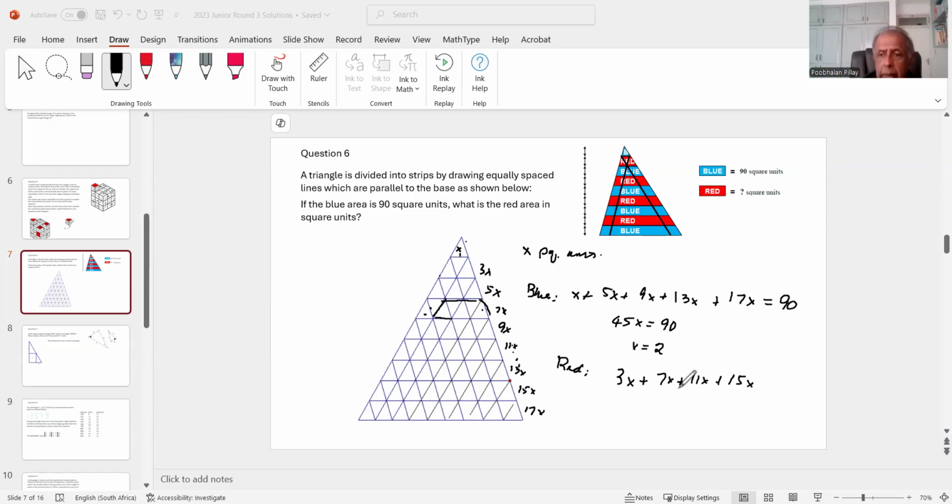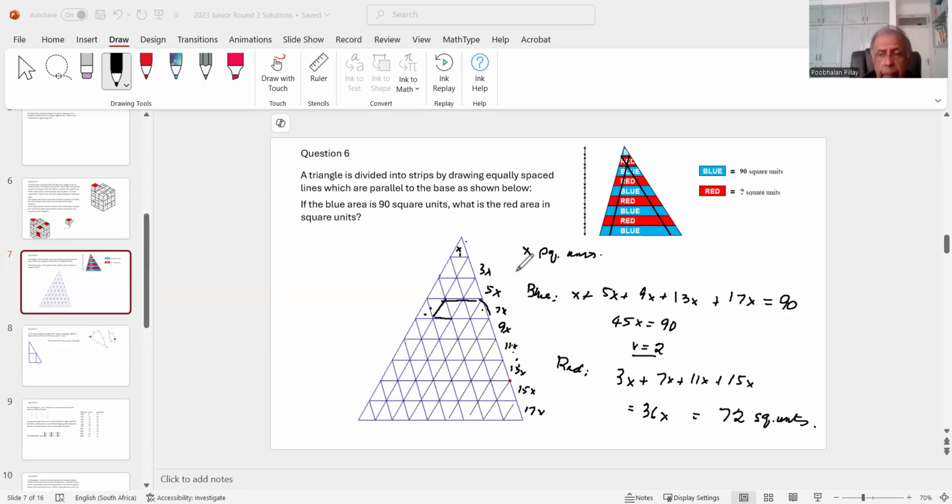And this is actually 10, 21, 36, but we know that x is 2. So therefore, 36 times 2 is 72 square units. We don't know what the units are. Could be centimeters, millimeters, meters, whatever. So we just call them units.